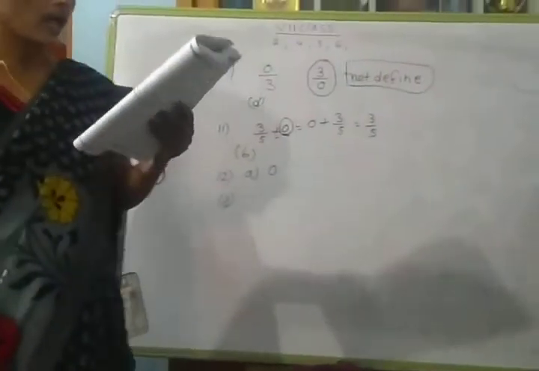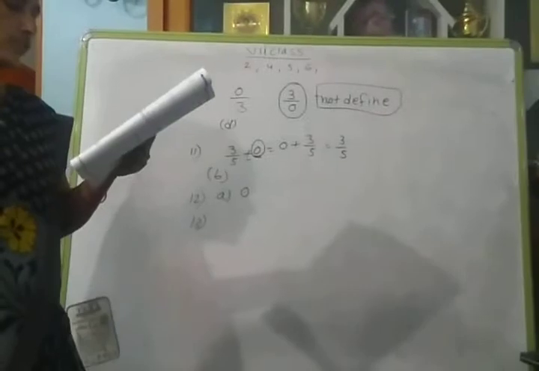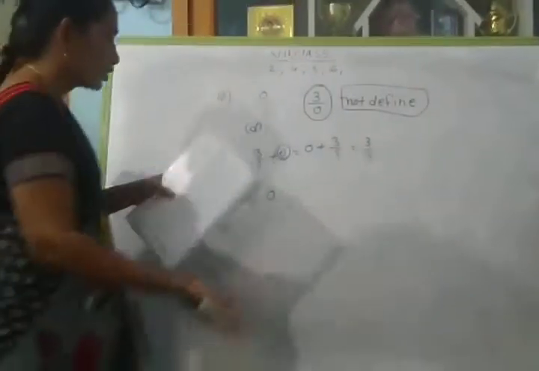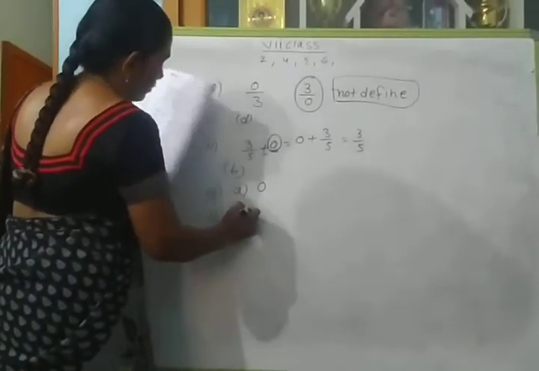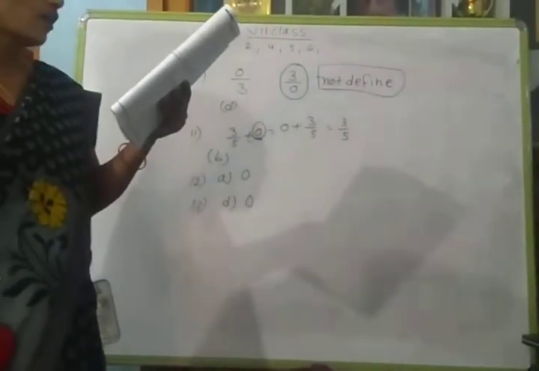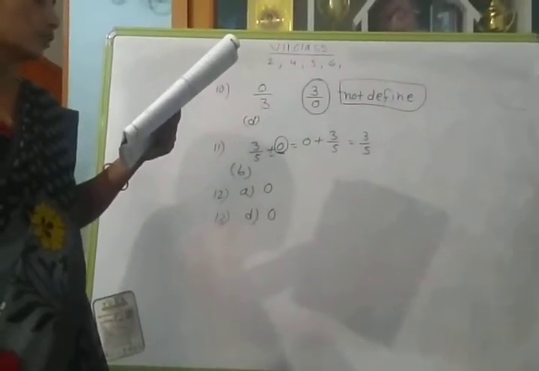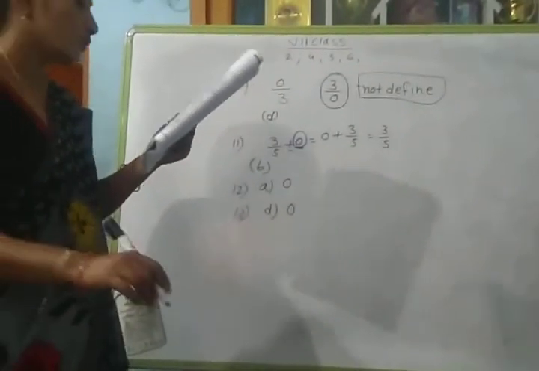Next 13th one, additive identity of 2010 by 2009. Additive identity means 0. So 13th one, option D, 0. The additive inverse of minus 23,794 by 1,27,300. Minus is there, we have to write plus.